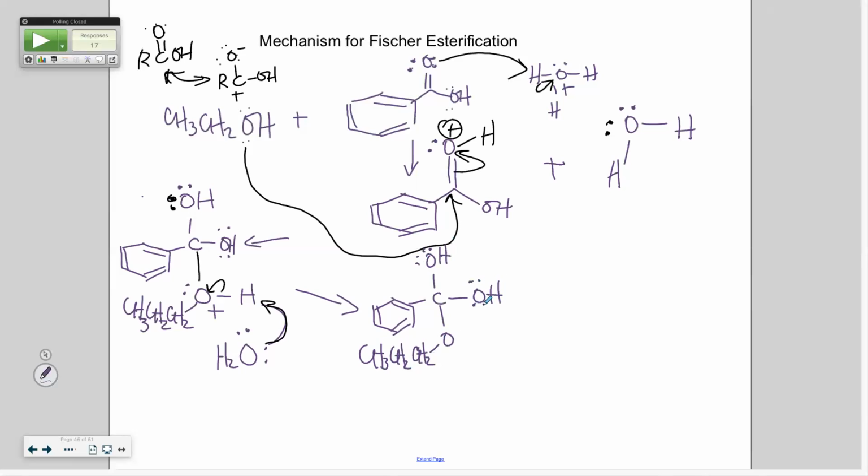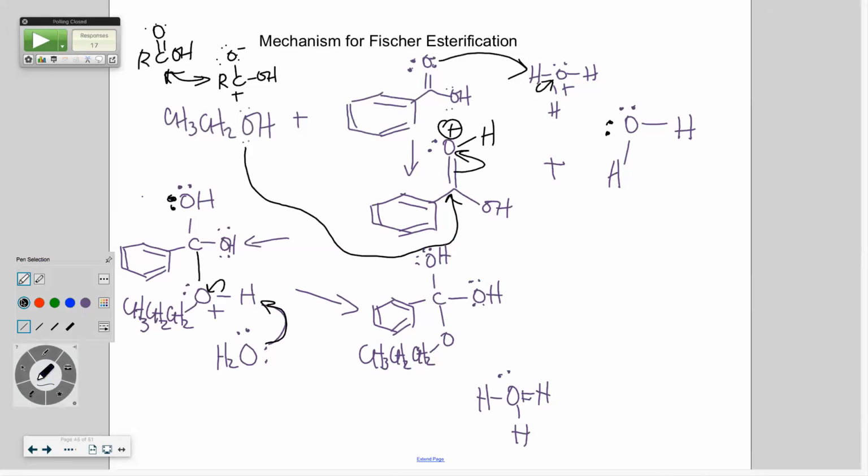What happened to the H2O now? It became H3O plus, aka hydronium ion, right? And this is our new proton that we put on here. And then on here we now have another lone pair. Now you know where we're going, right?